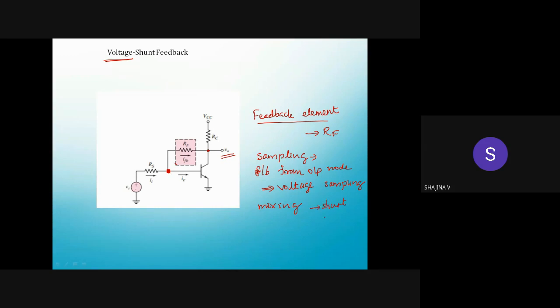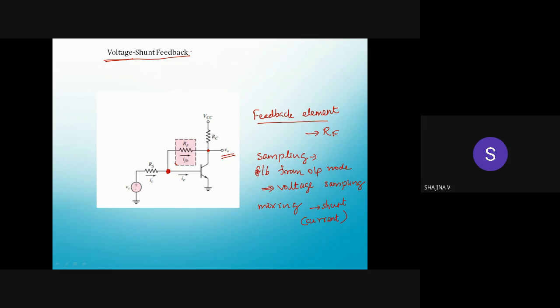Okay, since our feedback factor is current, and we are mixing it at a point, or it is a shunt connection, we can say here it is shunt feedback. Okay, that is, this is the voltage shunt feedback topology.